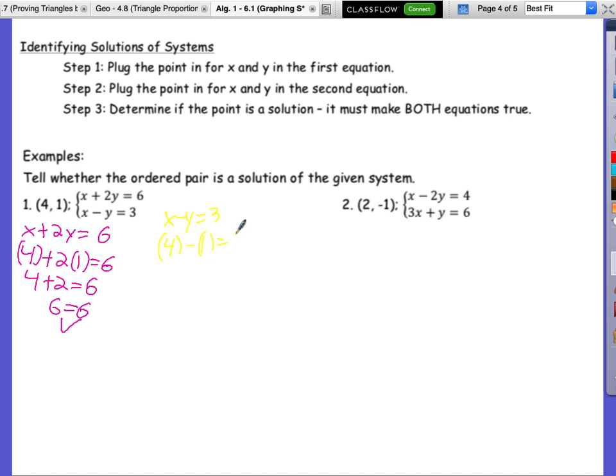So we end up having 4 minus 1 equal to 3. What is 4 minus 1? 3. Is 3 equal to 3? Is this a solution then? Yeah, it worked for both equations. It must be a solution. So we say yes. And so our answer is just this yes. But what's above here is our work that proves that.